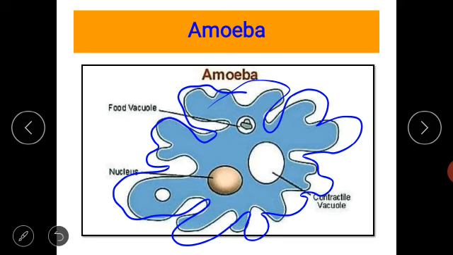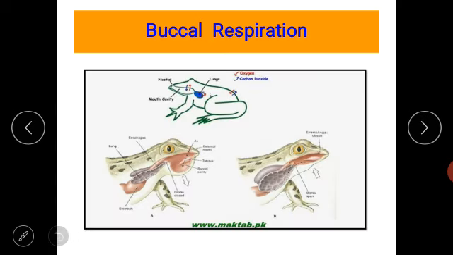So this much surface comes in contact with the water, and the dissolved oxygen in the water diffuses inside the amoeba cell, and whatever carbon dioxide is present inside the amoeba is diffused outside. In this way respiration occurs in organisms which carry out surface exchange of gases.